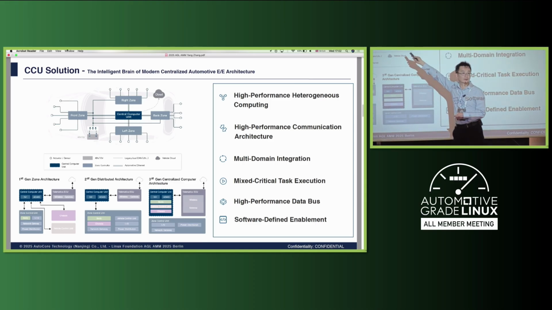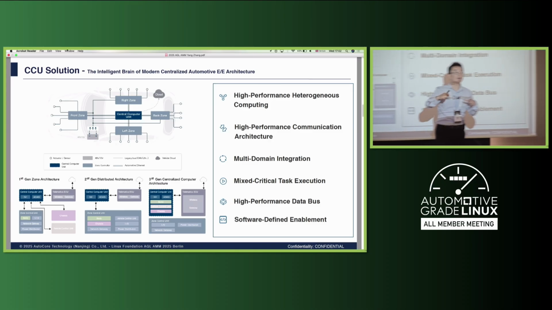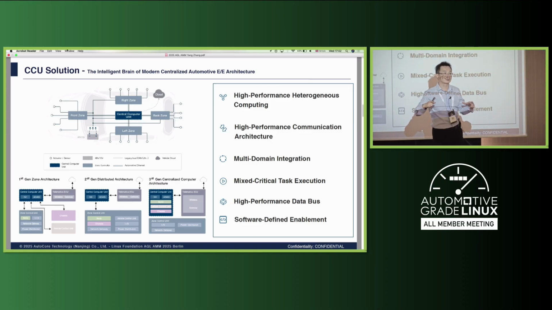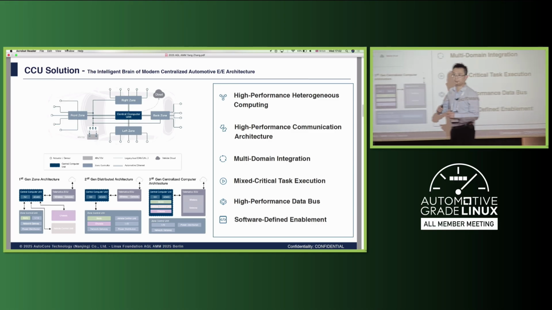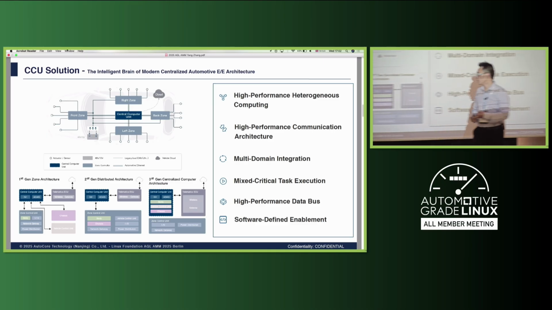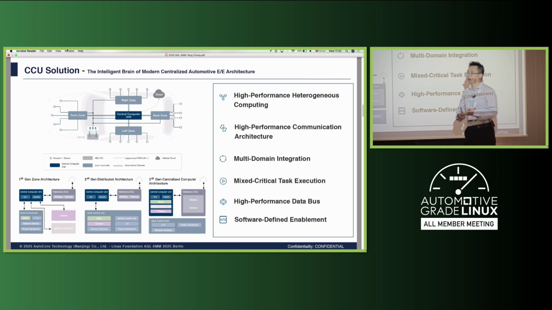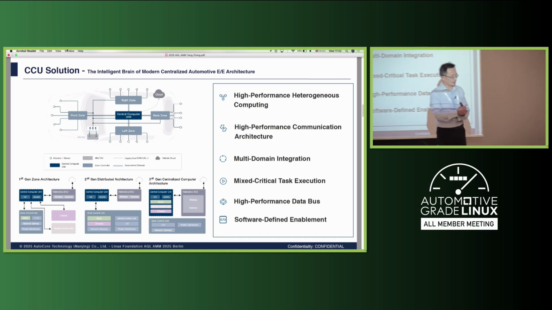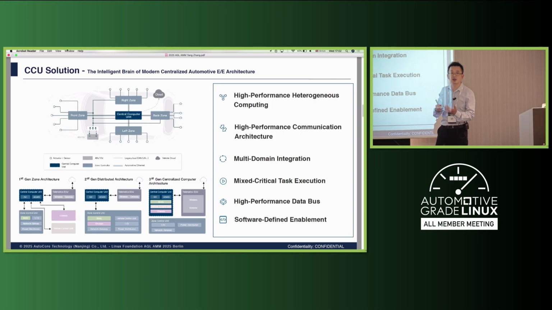Now, the approach we have taken is we treat the entire vehicle, for example this graph on the top left, as a distributed network computing environment. What that means is that all the tasks, whether it is BCM control, chassis control, telematics functionality, IVI or instrument HMI, those services become tasks.